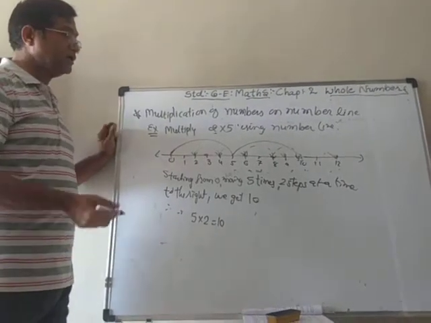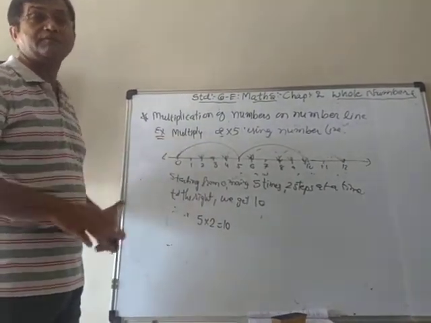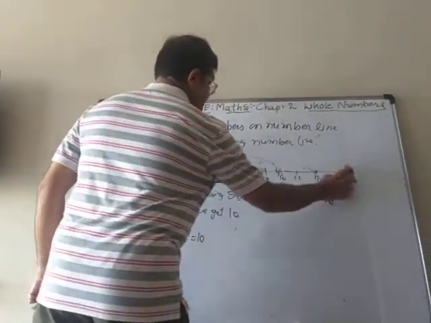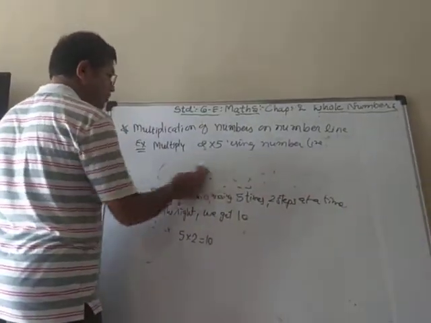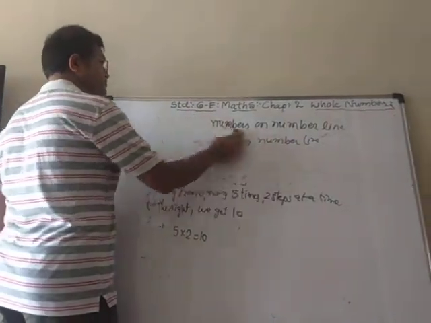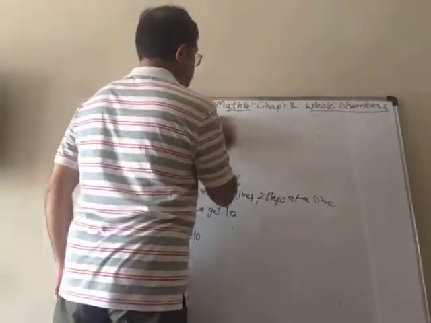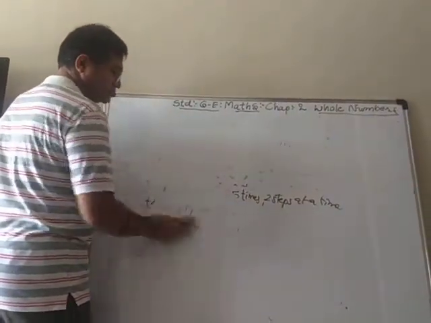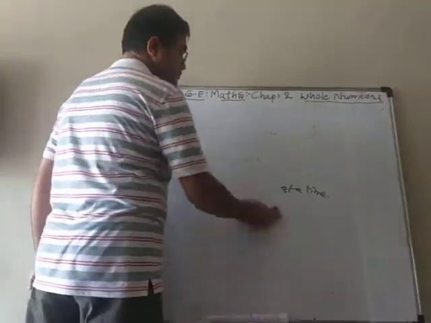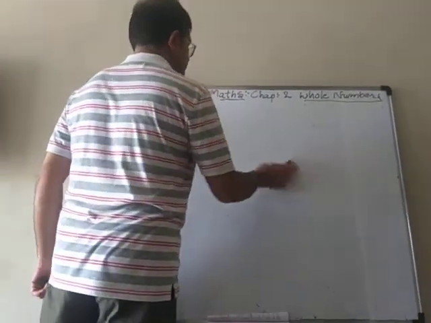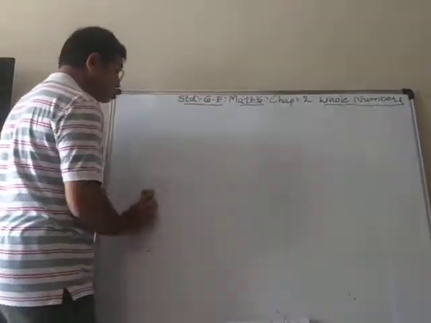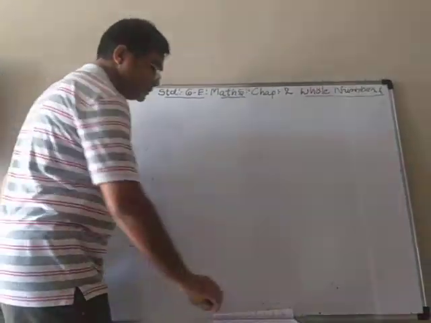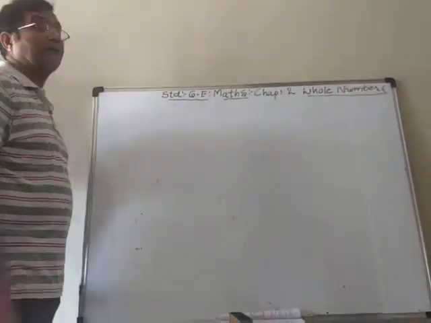So according to the first number and second number, you have to change the number of steps and how many times we have to jump. So now I hope everybody has an idea how to add, how to subtract, and how to multiply whole numbers using the number line.